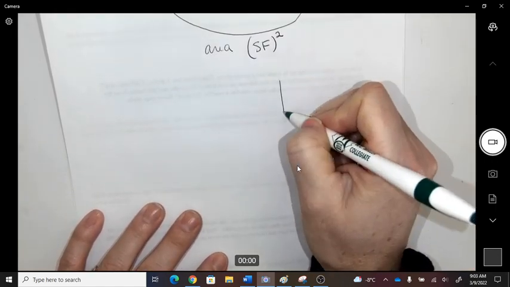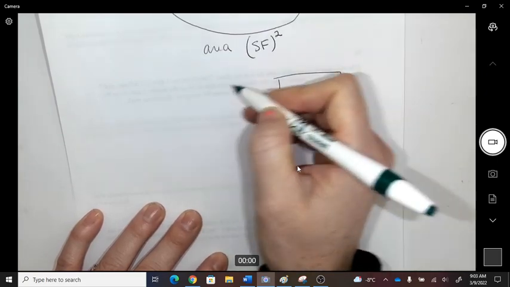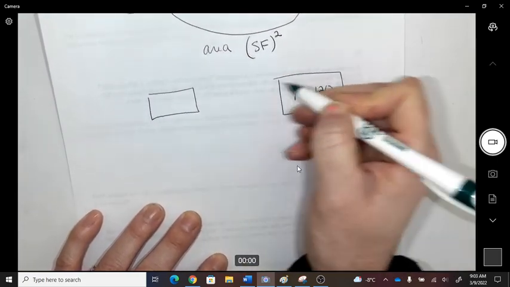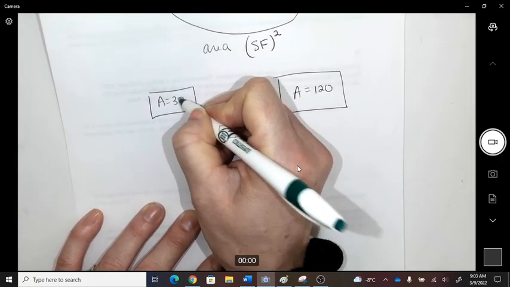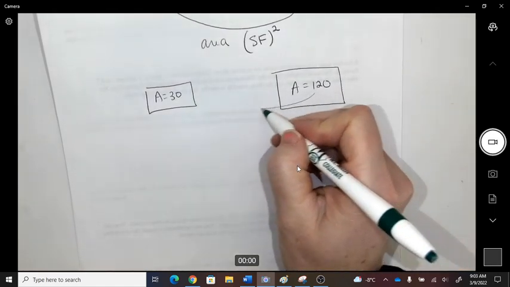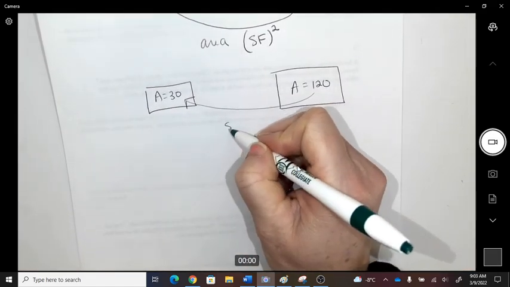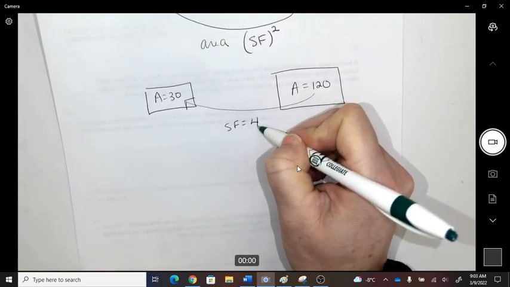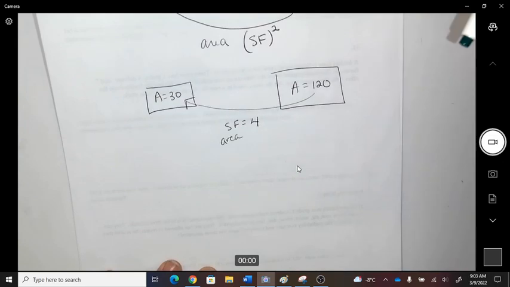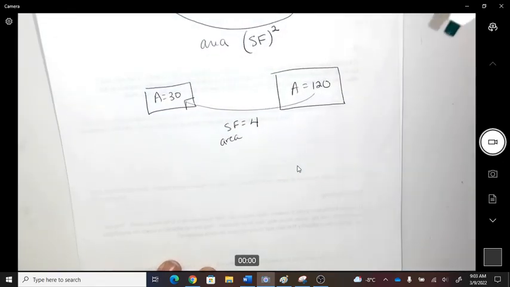Now, what if I did this to you, and I told you the area was 120 and the area was 30? So now this is working backwards. The scale factor for this area is 4.